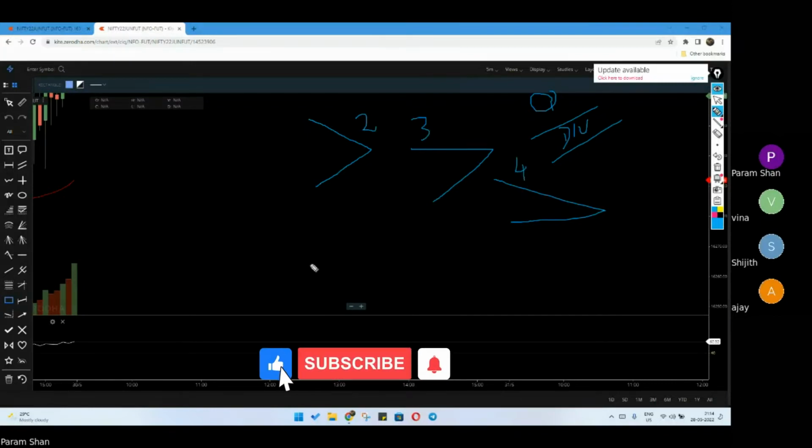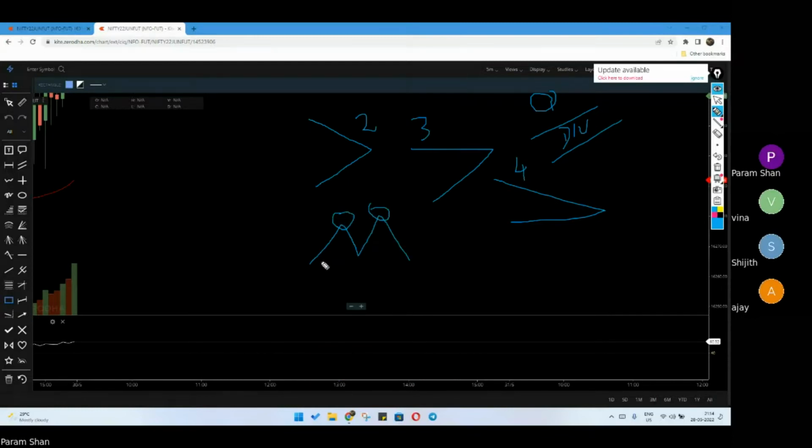And one more thing we will see is the double top, and some people will call that the M pattern. And double bottom, which some people will call the W pattern. Double top, double bottom. So this is the 5th one and this is the 6th one. Let's try to understand the logic first and then we will look into the charting.